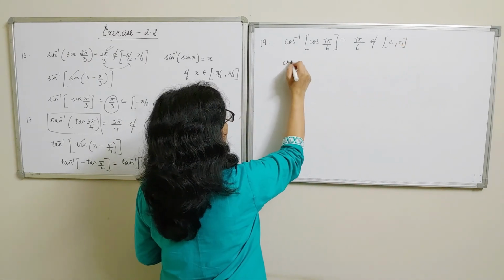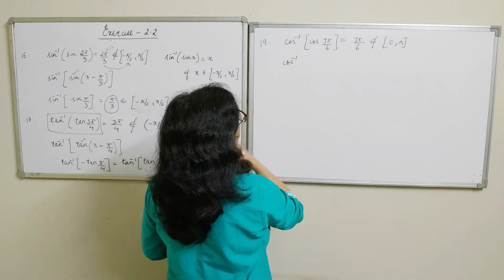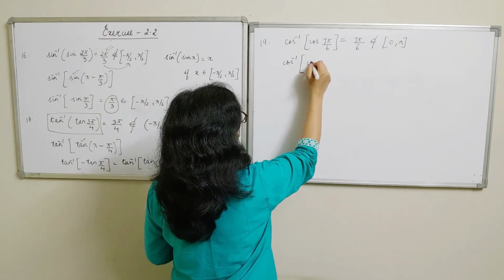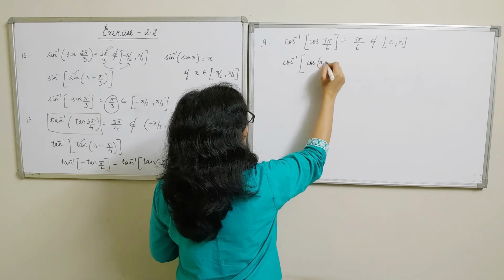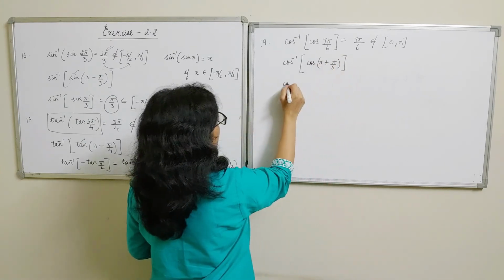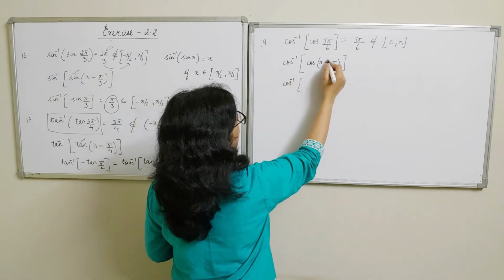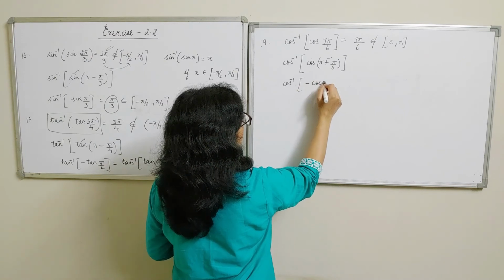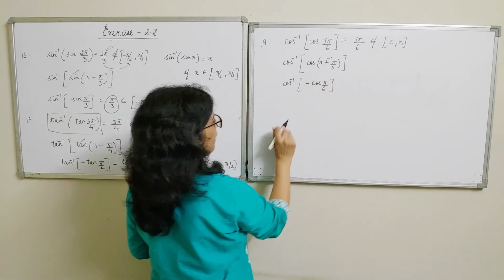So again some kind of modification is required. Because this angle is in the third quadrant, we can write it as pi plus pi by 6, and in the third quadrant the cos ratio is negative, so it should be minus cos pi by 6.